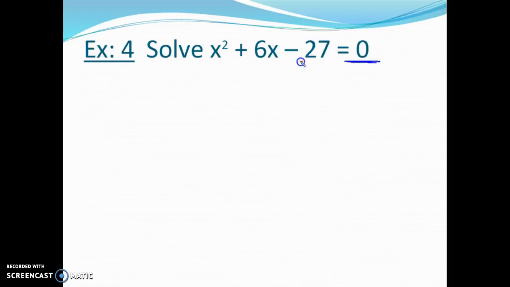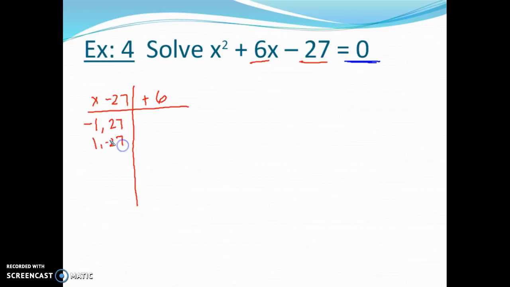My C is negative 27, so I want to multiply to negative 27. And my B is 6, so I want to add to 6. So now I'm multiplying to a negative, adding to a positive, so I'm going to have one positive, one negative. So if I start in order, I've got negative 1, positive 27, or 1 and negative 27.